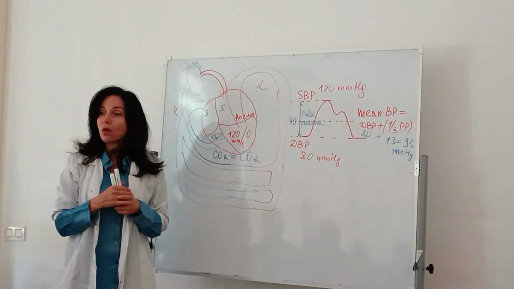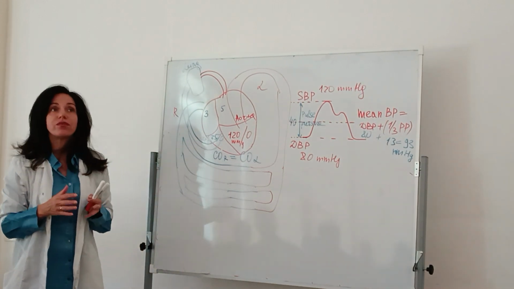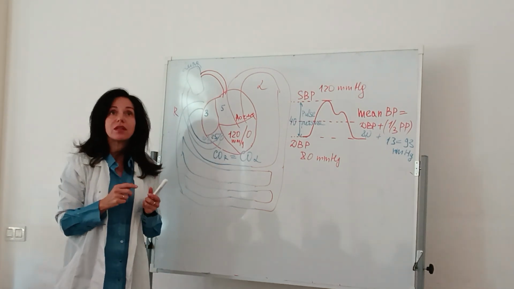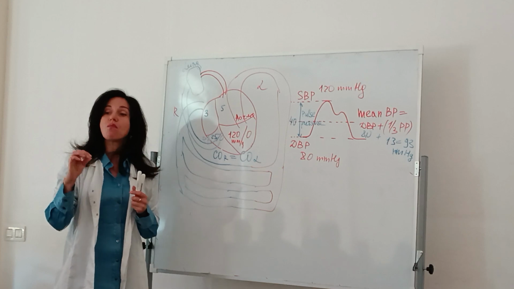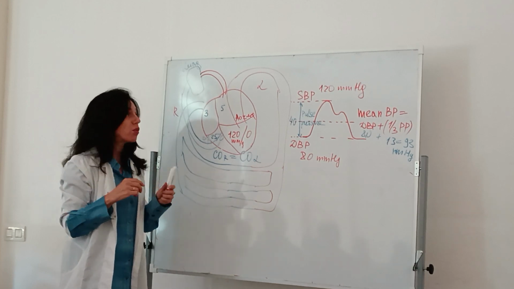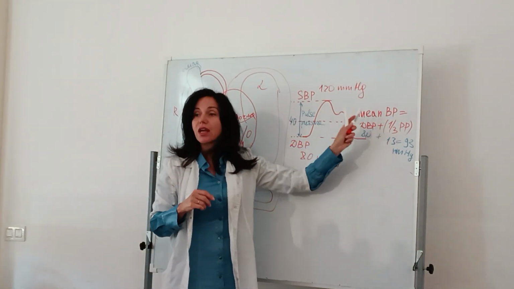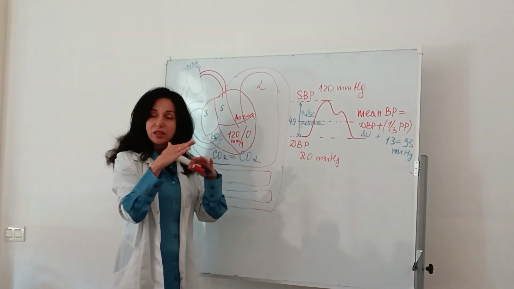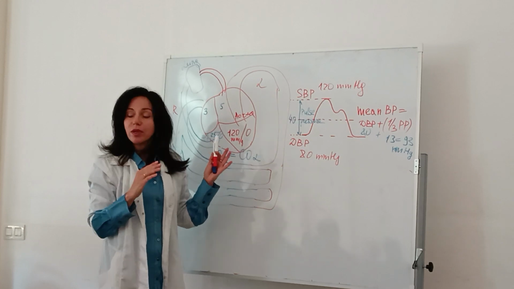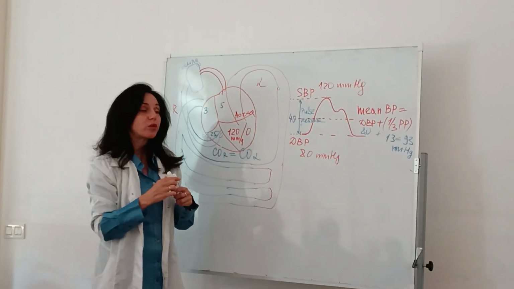About 0.4. The diastole phase is usually longer lasting, so it gives more value to mean blood pressure. Therefore, mean blood pressure is a little closer to diastolic blood pressure than to systolic blood pressure.